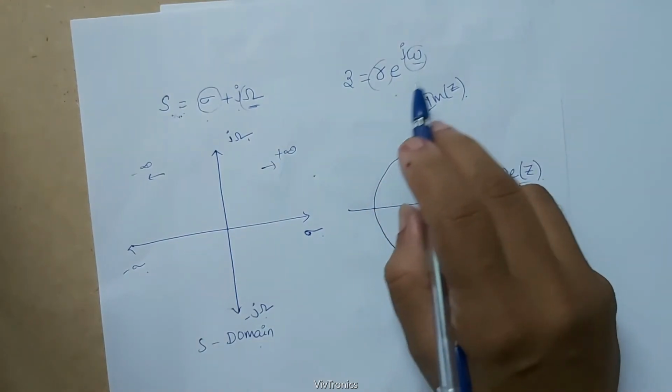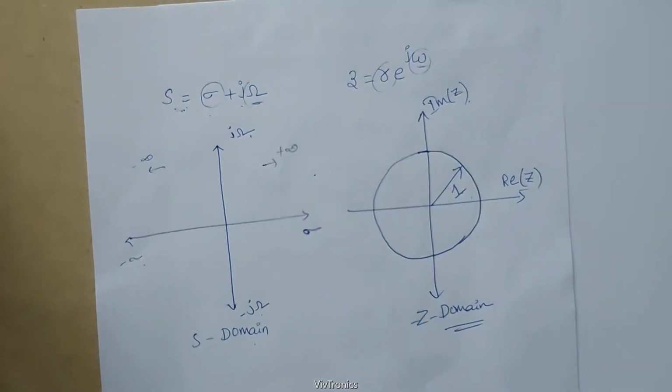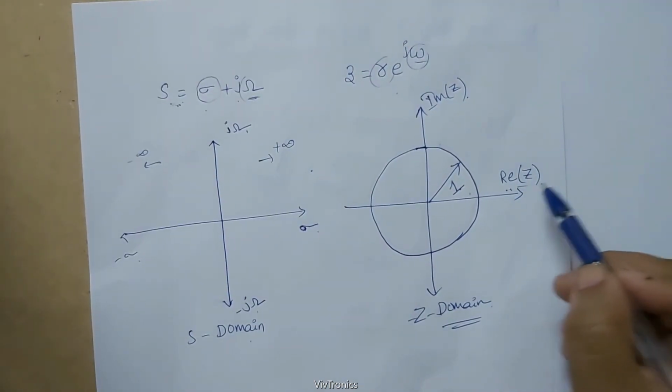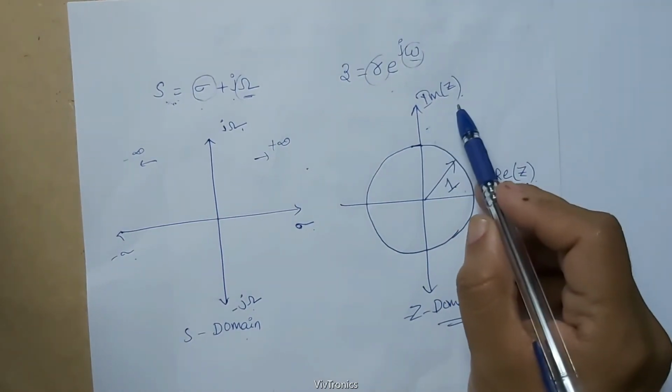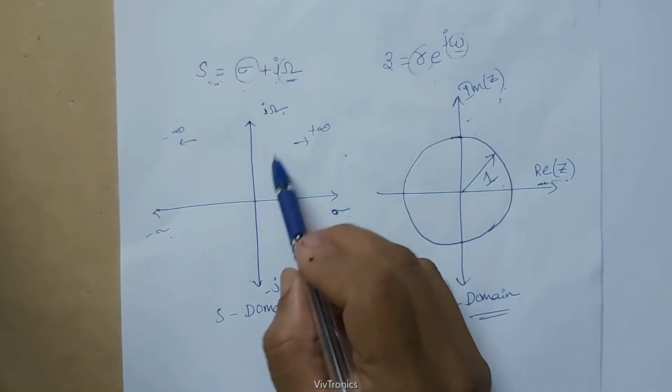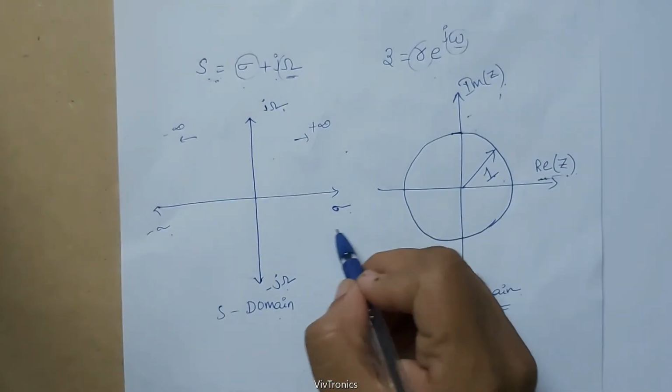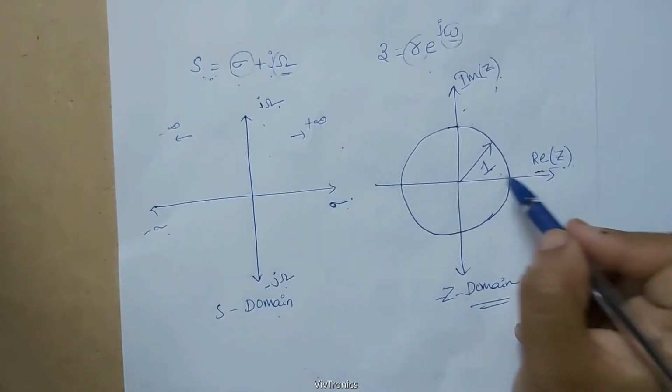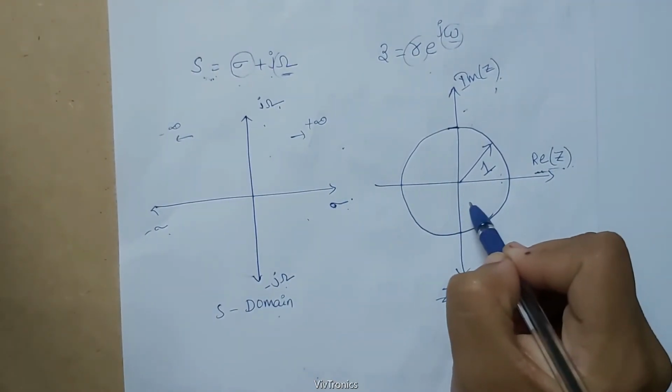Z is equal to R e power j omega. We have to map our coordinates sigma and j omega onto this circle.